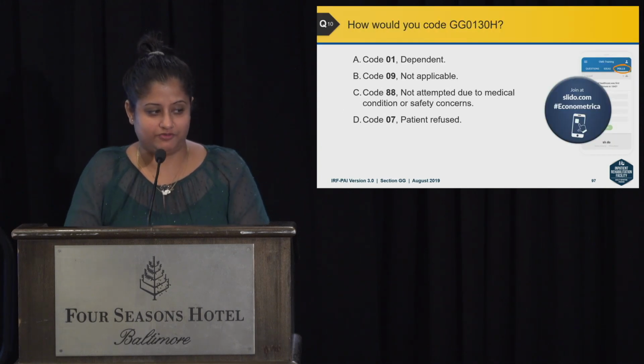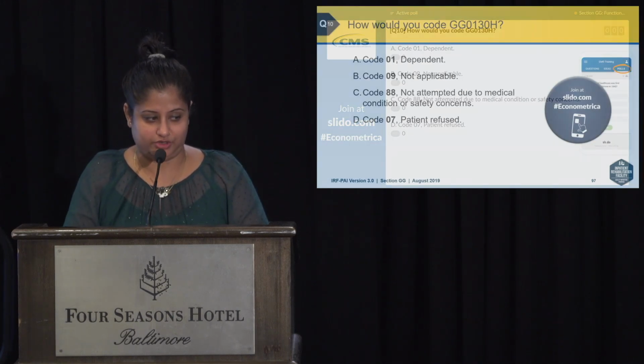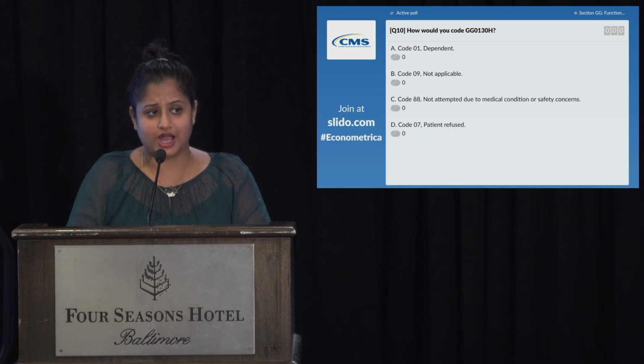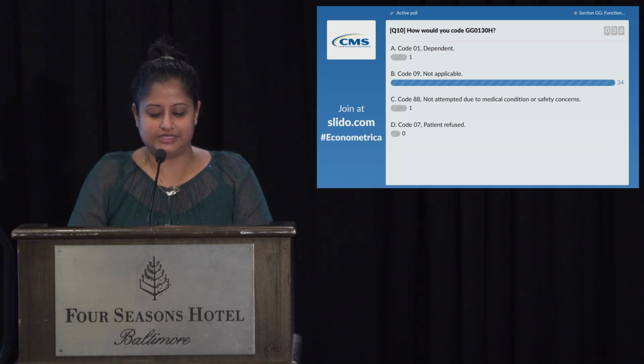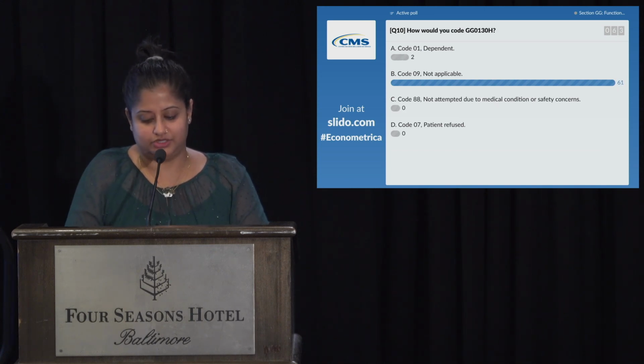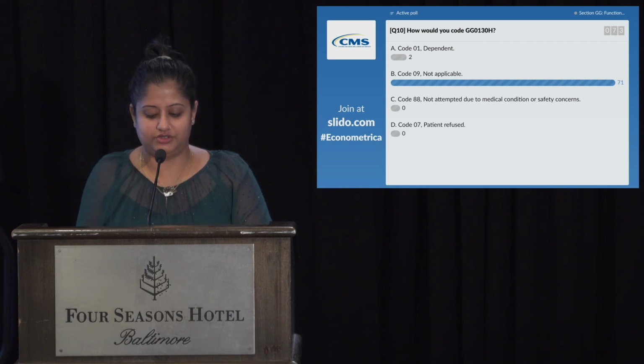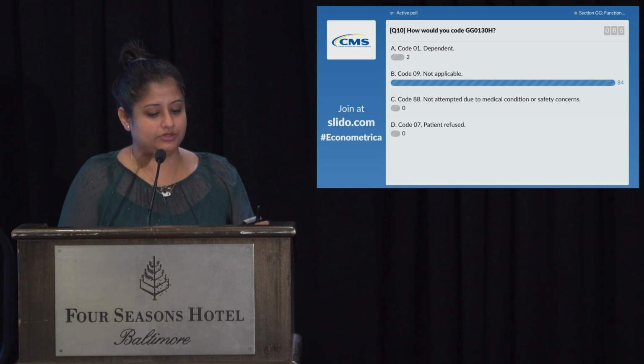Based on this information, how would you code GG0130H? Your options are A, 01, dependent, B, 09, not applicable, C, 88, not attempted due to medical condition or safety concerns, or D, 07, patient refused.